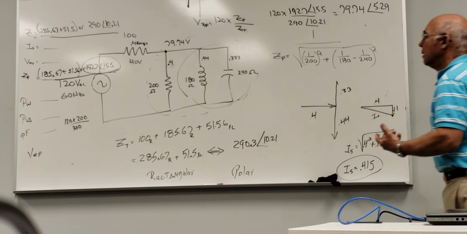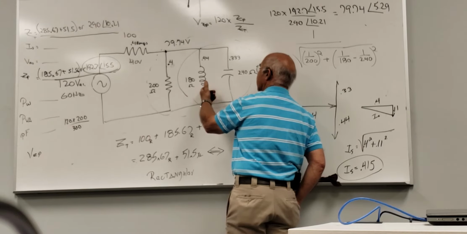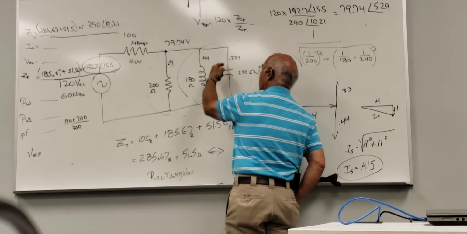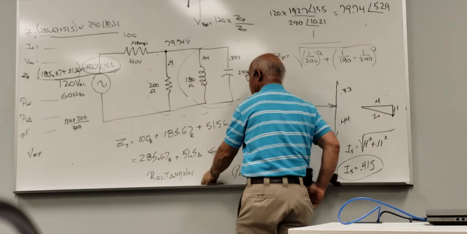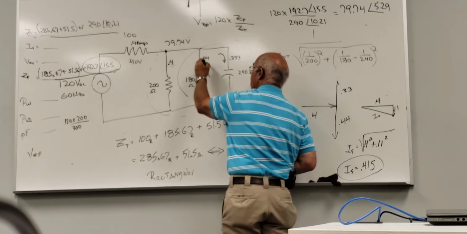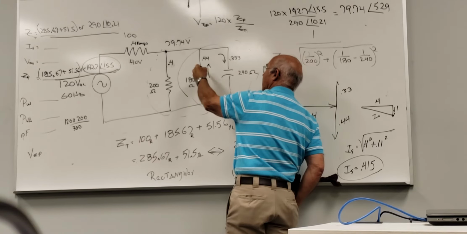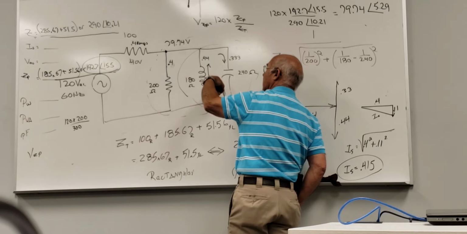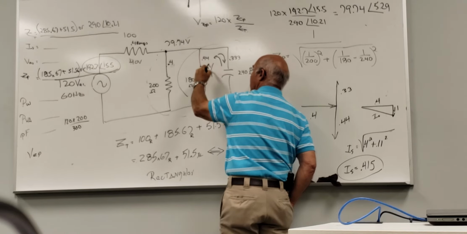Right? Because these two currents are 180 degrees out of phase. When the current's going this way here, it's going that way. When this current's going this way, this current's going that way. It's almost the same current, going here, going there. When this current goes this way, this current's going that way.